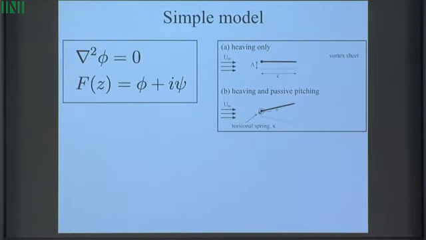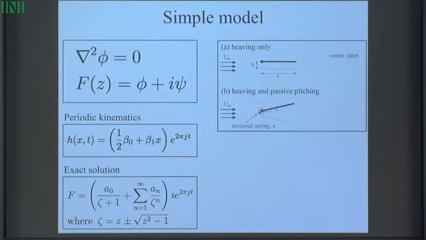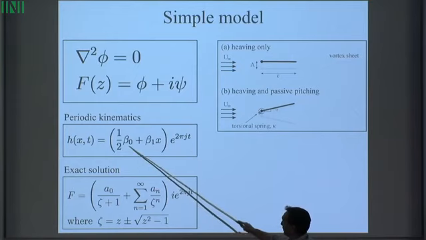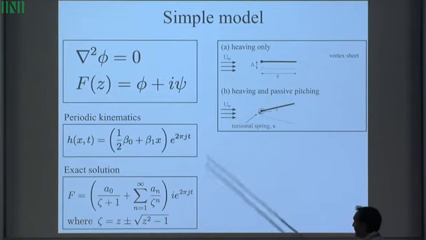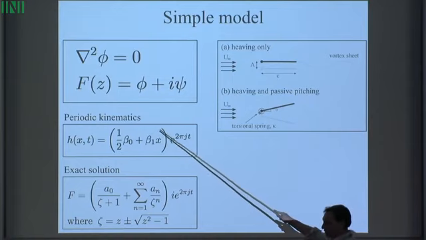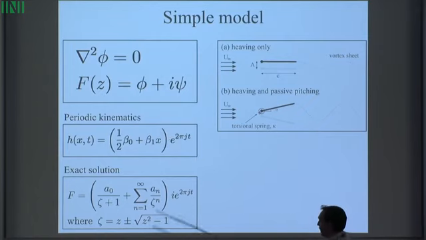Okay, so this is a great theory, and it's already been developed by Wu. It's great if the kinematics are known beforehand. So if I have the kinematics, h is the displacement of the wing from equilibrium. If that's given to me, and here I just wrote it as harmonic in time, with a heaving component and a pitching component, linear in x, then I could just use Wu's theory, push it through, and use the tricks of complex analysis.